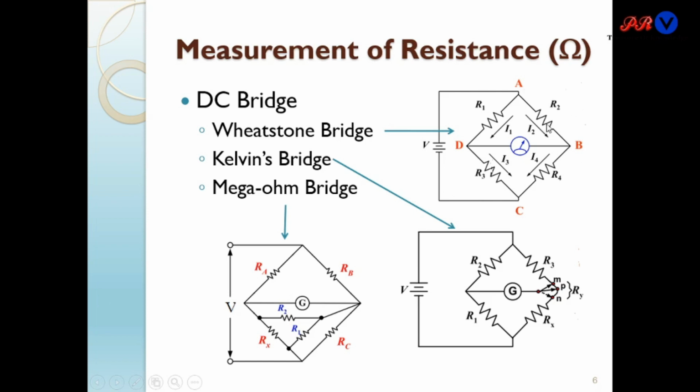Here we can see that at A and C a DC voltage source is connected, and at D and B a current detector circuit is connected. Kelvin's bridge is shown in the second figure and the megohm bridge is also shown here. So we have to measure resistance by using these three types of bridge circuits. These are only DC bridges.